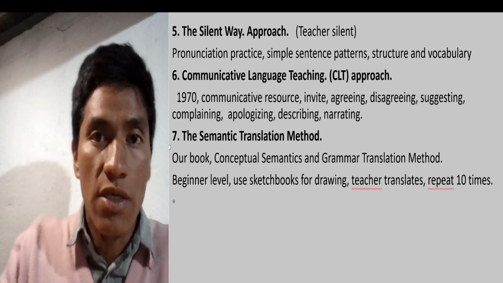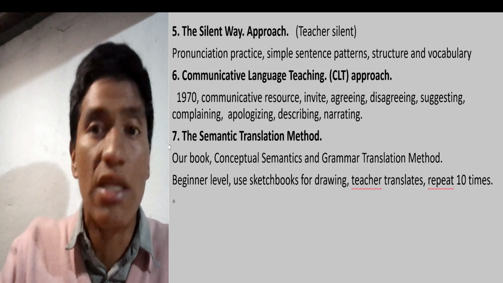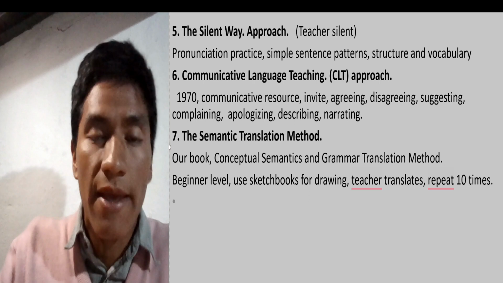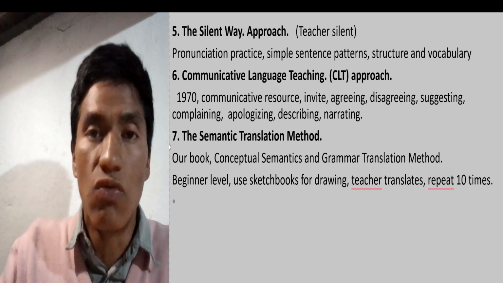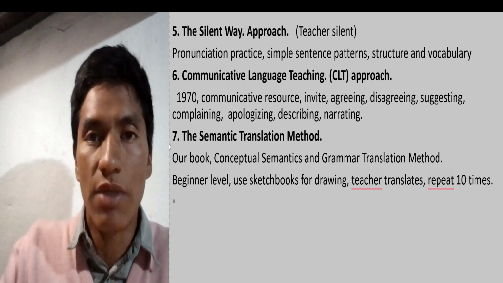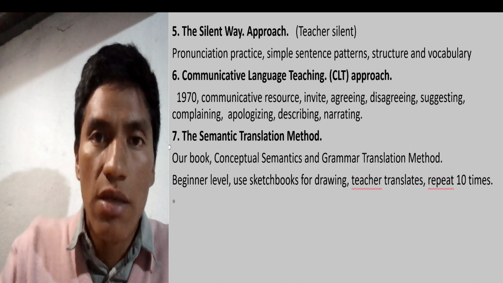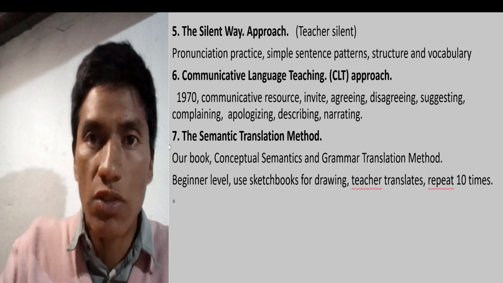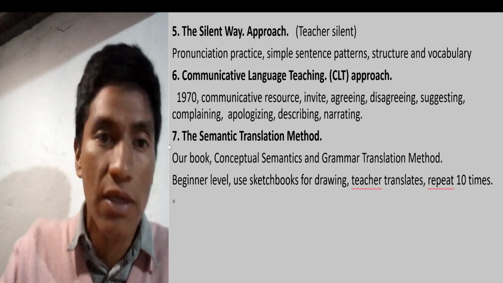After that presentation he doesn't speak and puts students in groups, and students have to work by themselves. There are some problems because sometimes the students don't know the meaning of some words or phrases, and they sometimes get confused.